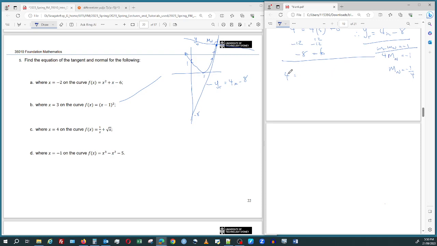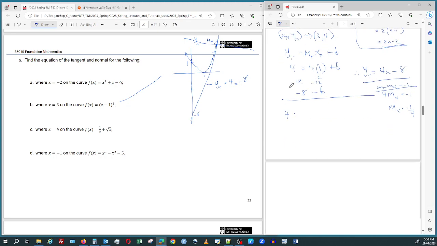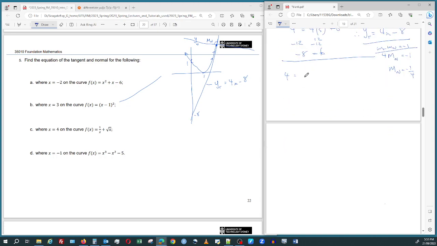So we also coincidentally happen to have an xy pair of 3 and 4. So 4 is equal to -1/4 times x, which was 3, plus b, because we're working out b. So that's 4 minus 3/4 plus b. So add 3/4, never goes away.